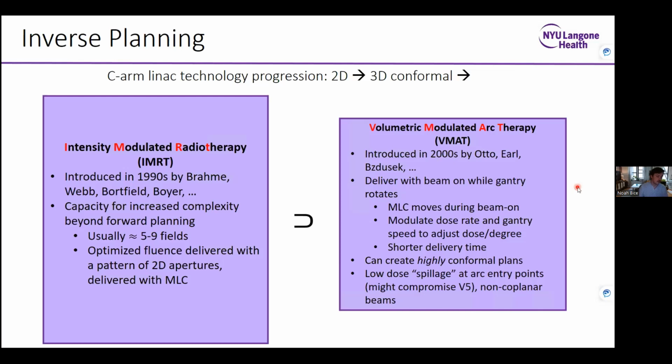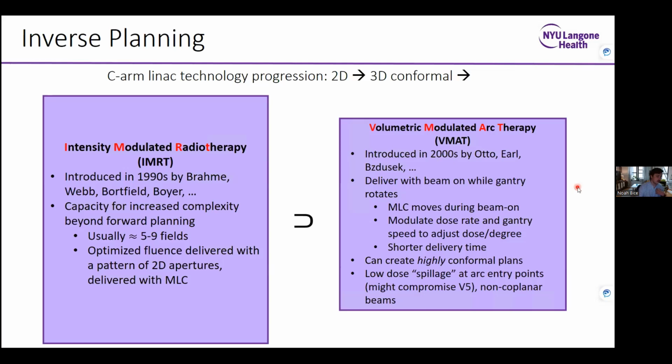IMRT was introduced in the 1990s by some great physicists, with the idea that you have an increased capacity for complexity beyond what we're able to achieve with forward planning. IMRT, at least in our clinic, is typically somewhere between 5 and 9 fields. The process is you use an algorithm to determine the optimal fluence map in the beam's eye view at each of those angles, and then come up with some technique to deliver that fluence, in our case with an MLC.